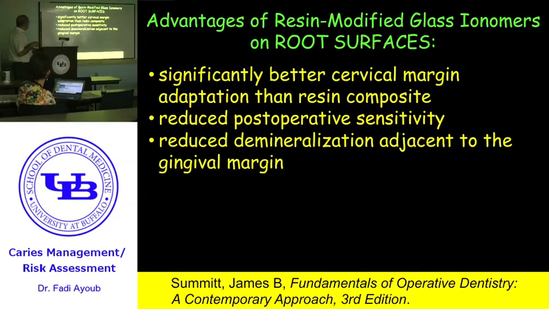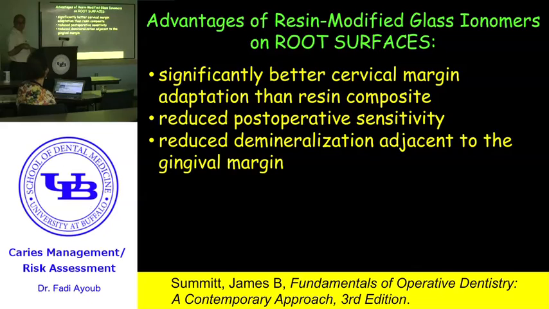The advantage of the resin modified glass ionomer on root surface is significantly better cervical margin adaptation than resin composite, reduced post-operative sensitivity, and reduced demineralization adjacent to the gingival margins.